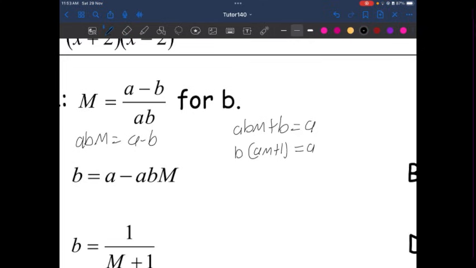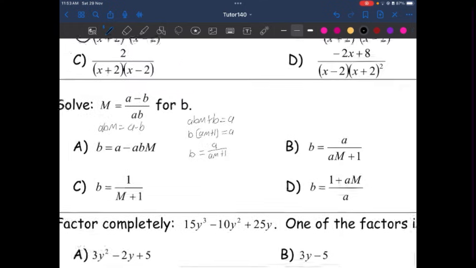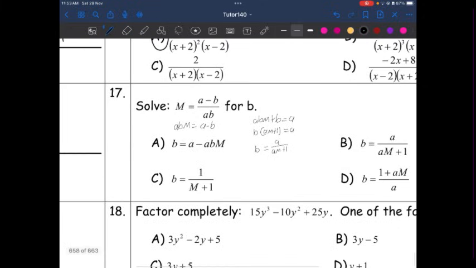Now I'm going to divide both sides by am plus 1. So now I'm just going to be left with b equals a over (am plus 1). And that is b.